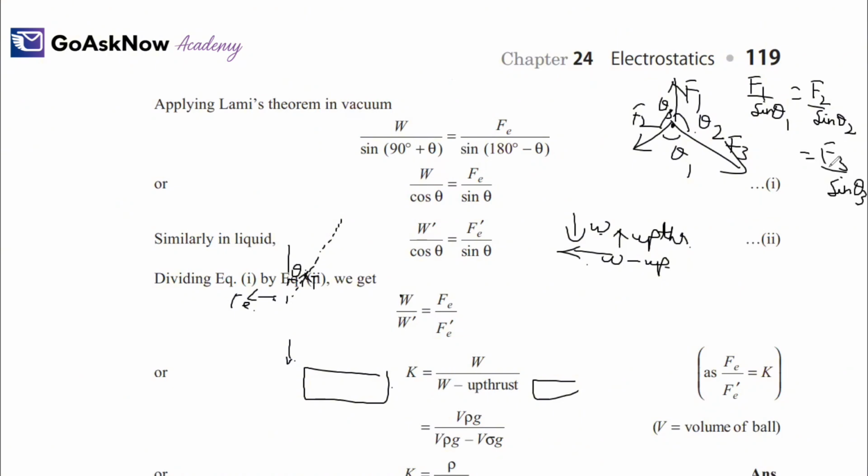What does it mean? It means that whichever force you take, its ratio with the sine of the opposite angle will be equal to that of the other force and the sine of its opposite angle, like sine theta 2. So you have this relation by Lami's theorem.